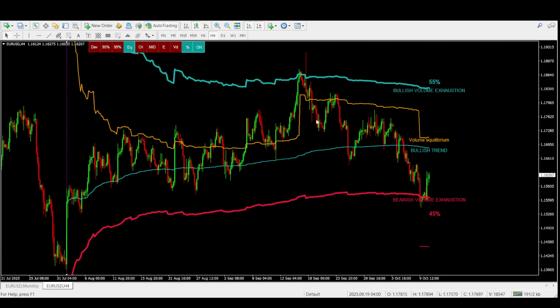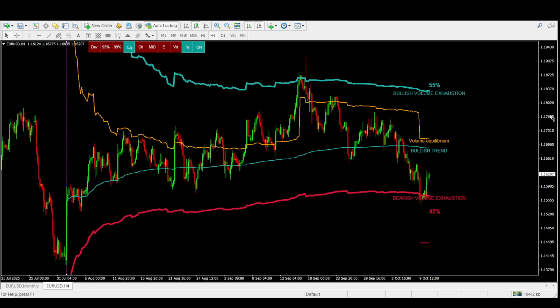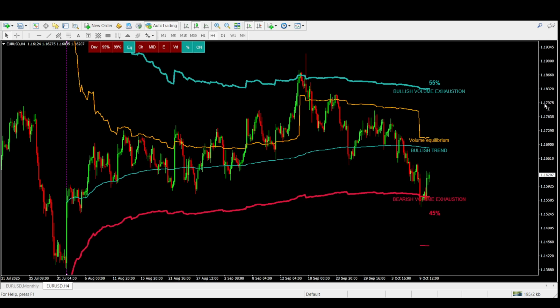Because it is really a logical addition to the Meravith indicator, and I think we will use it quite a lot. Let's check some other time frame.